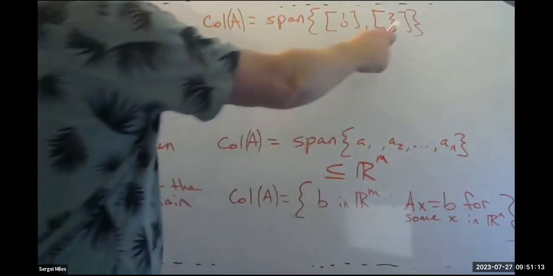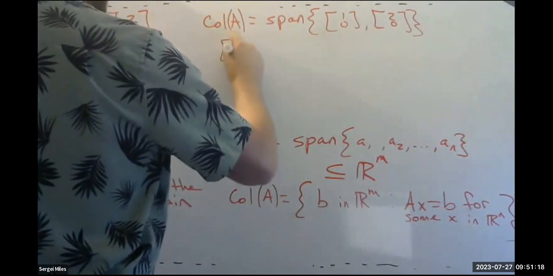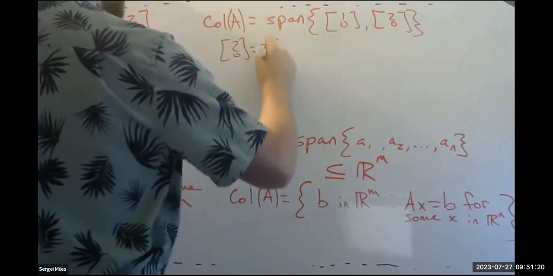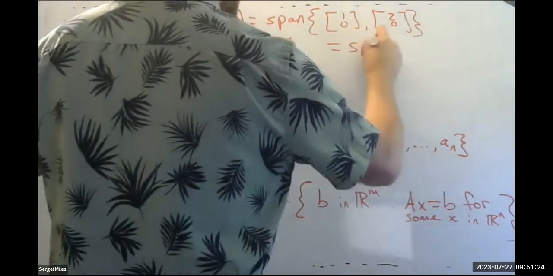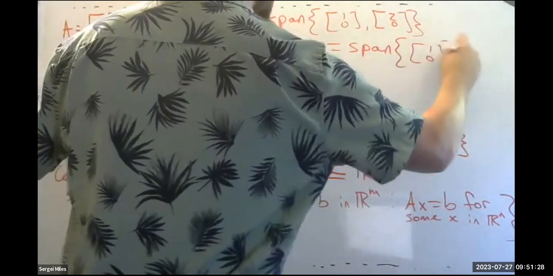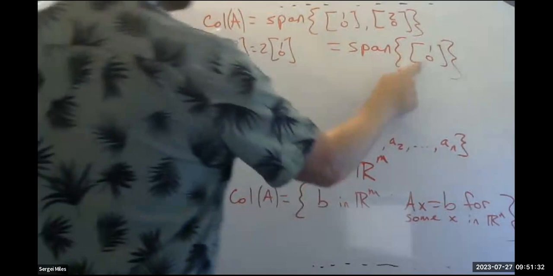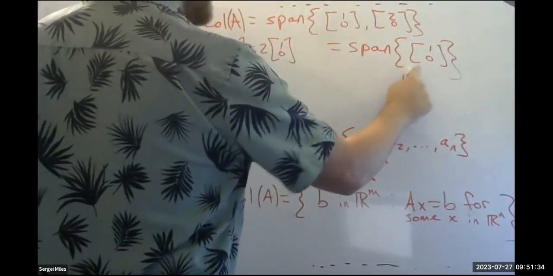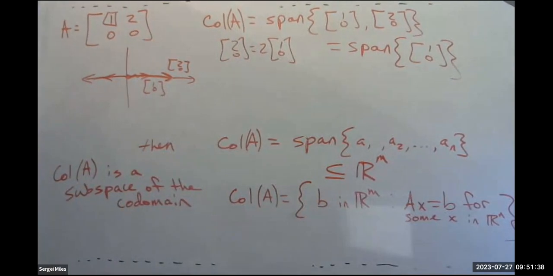No. The vector 2, 0 equals 2 times the first column. So I can rewrite this as just the span of 1, 0, and I haven't changed anything. Why? Because 2, 0 is already in here because it's a multiple of 1, 0. So it's in the span of 1, 0.